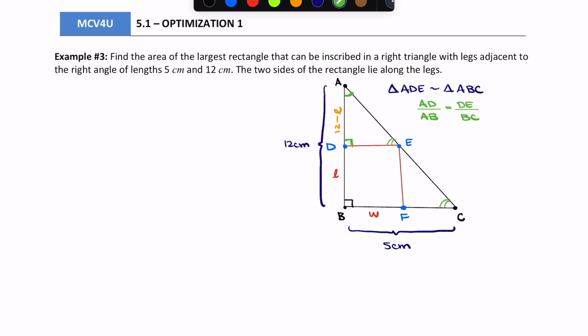And so what we can write down is that 12 minus L over 12 is equal to W over 5.